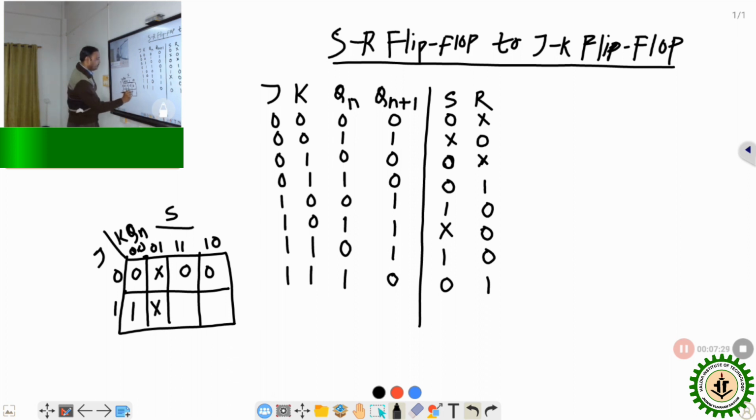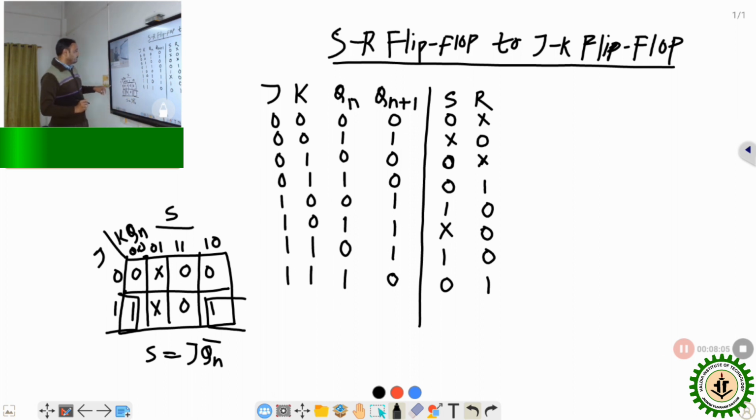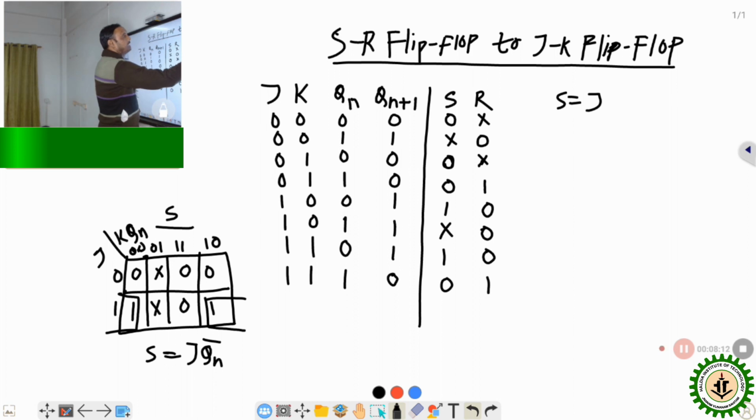How can we simplify it? We can only make a pair, and the value of that pair will be S equals J Qn bar. So S equals J Qn bar.